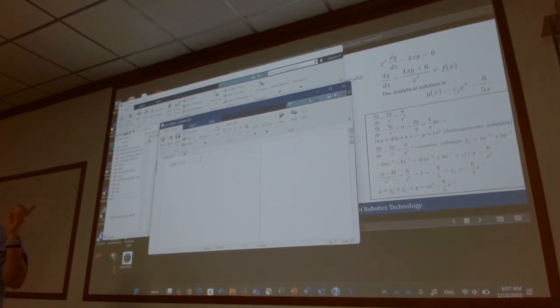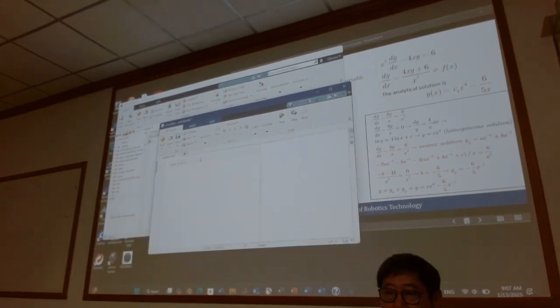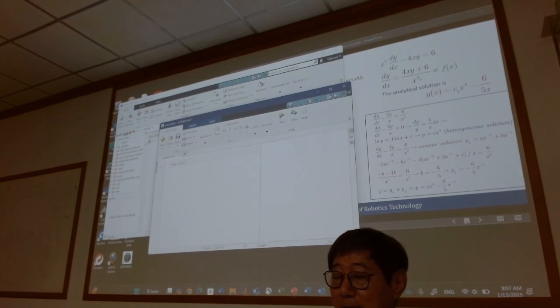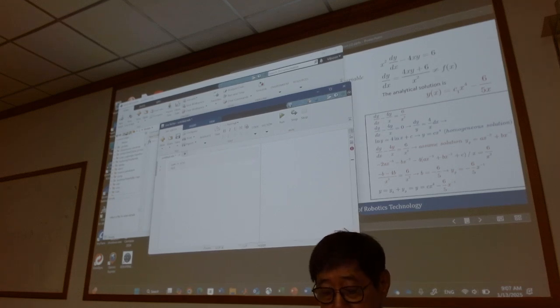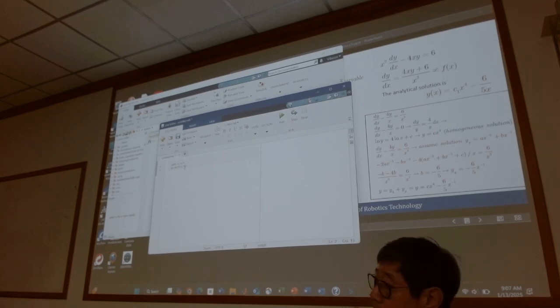If you want to solve this one, you need to find dy by dx. I just assign dy as a derivative, equal to diff of y with respect to x. You can omit x anyway if you want.